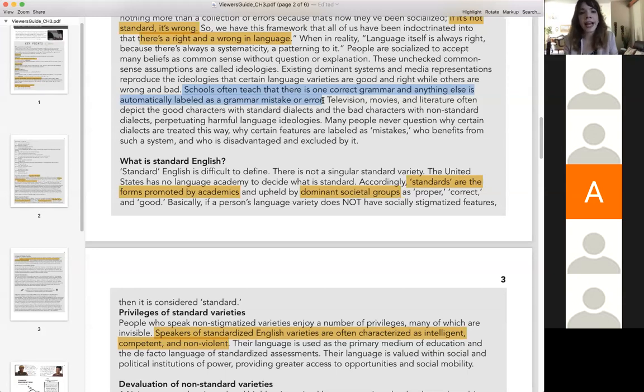This is not to say that having a standard grammar or having standard English is wrong and that we shouldn't have standard English. Oh, no, no. We should have a standard. Why? Because having a standard has allowed foreigners to be able to tap into a foreign culture or learn a foreign language, right?